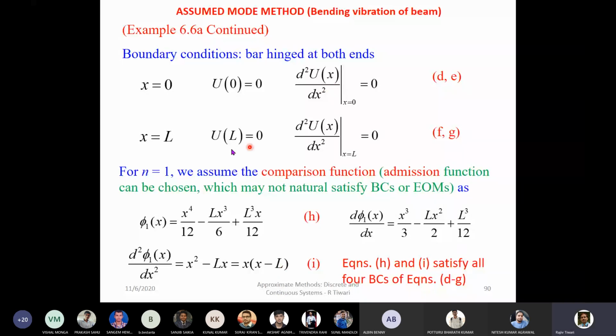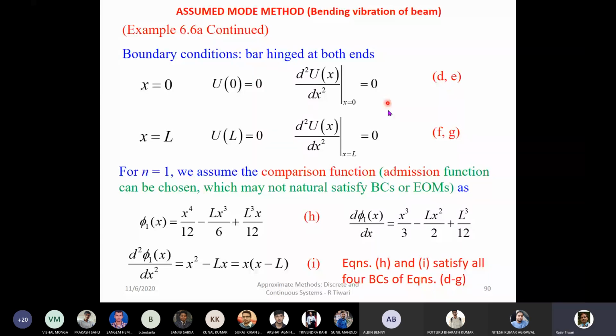At x equal to L, if you put L here, you'll see that it is 1 by 12 minus 1 by 6 plus 1 by 12. So this becomes 0. Similarly here, if you put x equal to L, this becomes 0. So you can see that this particular function is a comparison function which is satisfying not only the geometrical boundary condition but also the natural boundary condition.